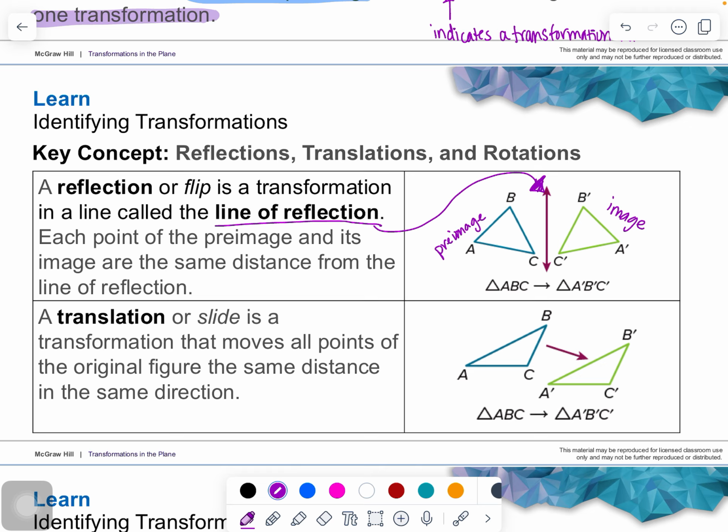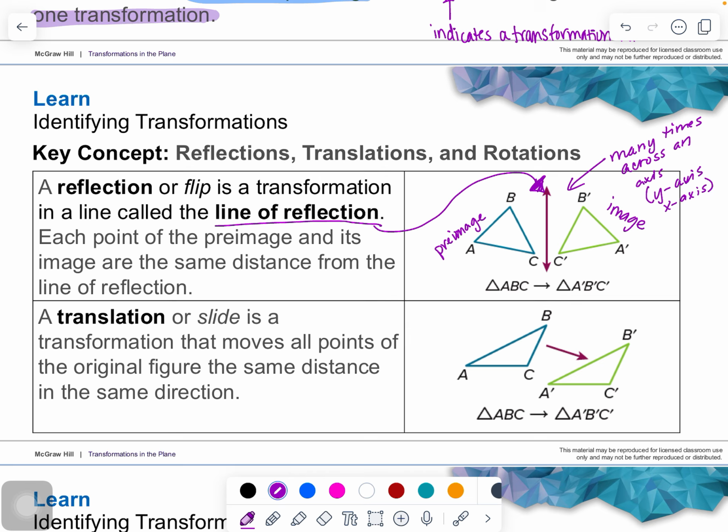A lot of times we reflect across an axis. We might reflect across the x-axis. We might reflect across the y-axis.